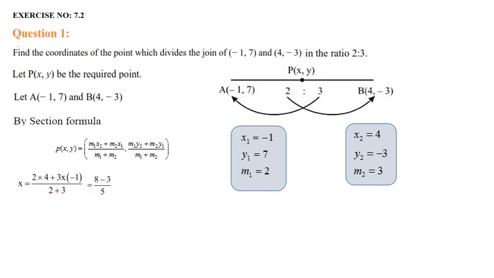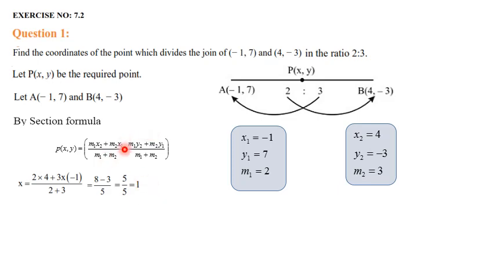Next is only the calculation part, that is 2 into 4 is equal to 8, 3 into -1 is -3, divided by 3 plus 2 is 5. So 8 minus 3 is 5, by 5, that is equal to 1. So the x coordinate we have got is 1. Simply just substitute, that's all.